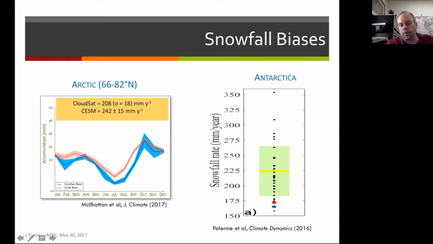This result interestingly shows a corresponding result from a paper by Cyril Palerme, who did the same kind of comparison over Antarctica and showed that almost all climate models over Antarctica produce too much snowfall over the course of a year, the annual average, compared with the CloudSat observations, and also relative to reanalyses. So this seems to be a fairly ubiquitous property of all climate models over both poles.